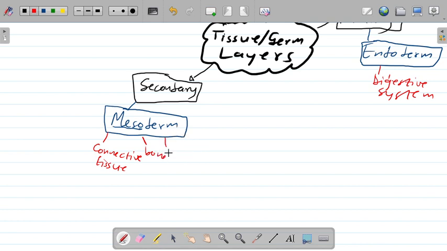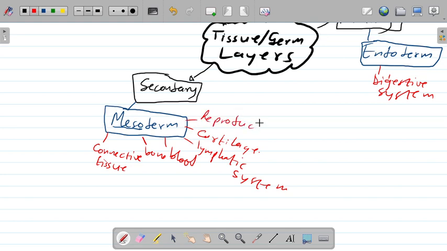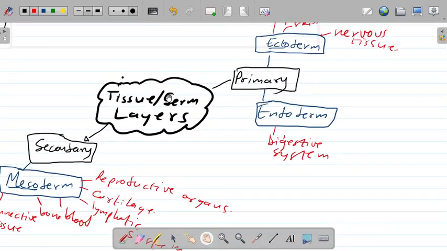It will give rise to blood a lot, the lymphatic system, your cartilage comes from the mesoderm, and so forth, and your reproductive organs. So basically, your reproductive system is mainly made from the mesoderm. So these are the tissue layers found in different organisms.